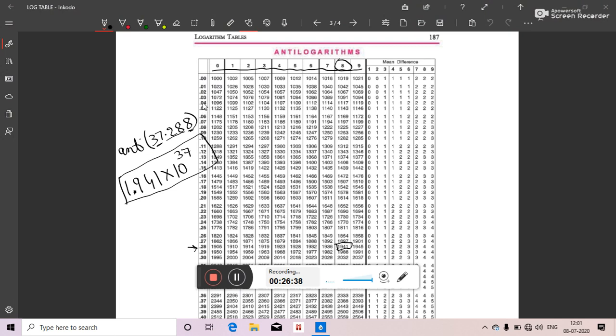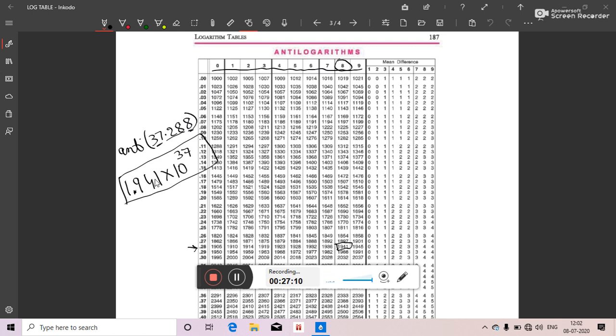So the 2 digits after the decimal point are 28, that is over here 0.28. Then the third digit is 8, which is out of 0 to 9. So 28 is there, and in that you have to see the 8th column. So what is the 8th column of 28? 1941. So that is our answer, 1941.